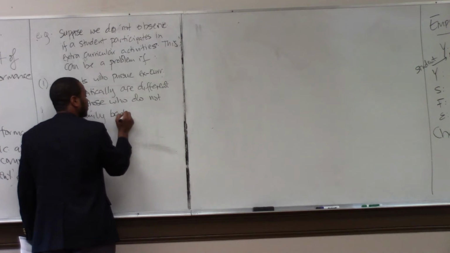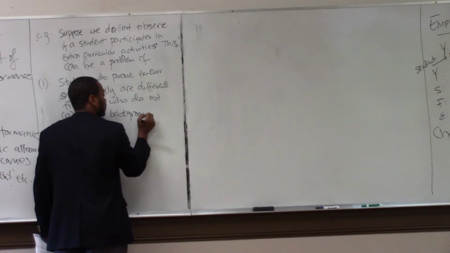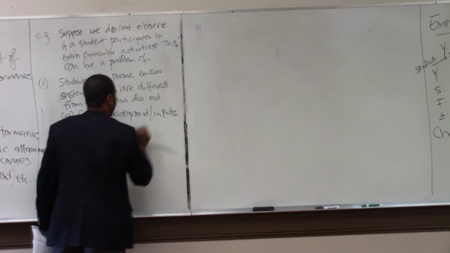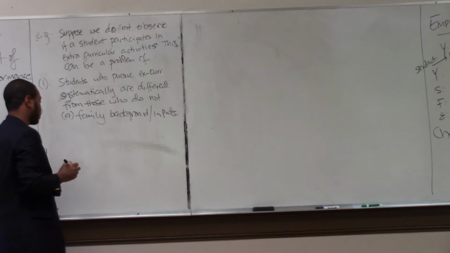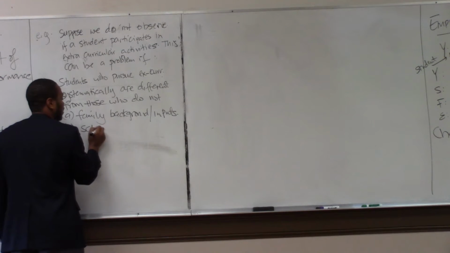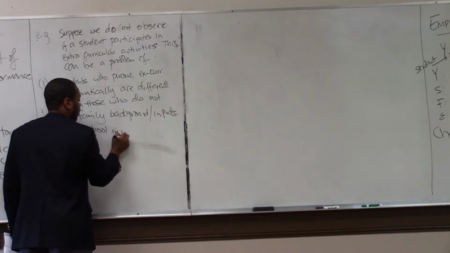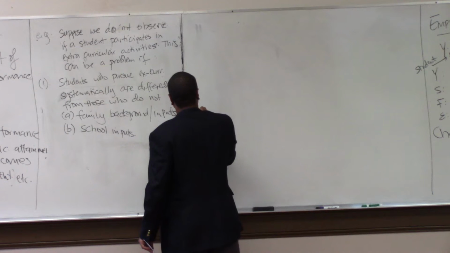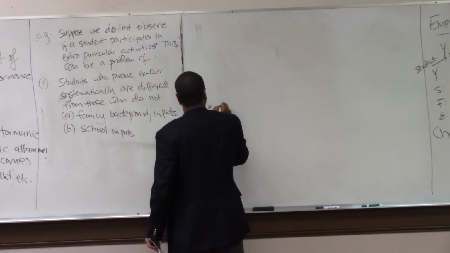So this could be, for example, family background or inputs, and also school inputs. So the family background inputs would be intense parents.